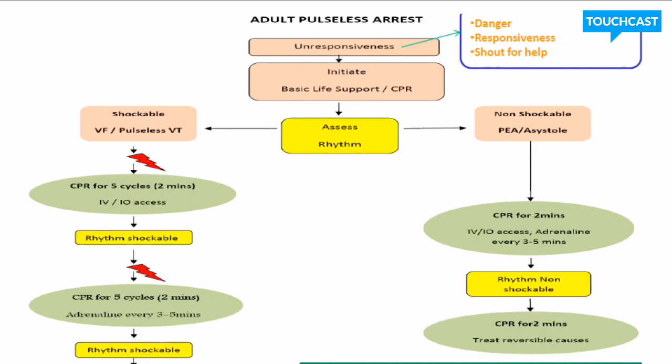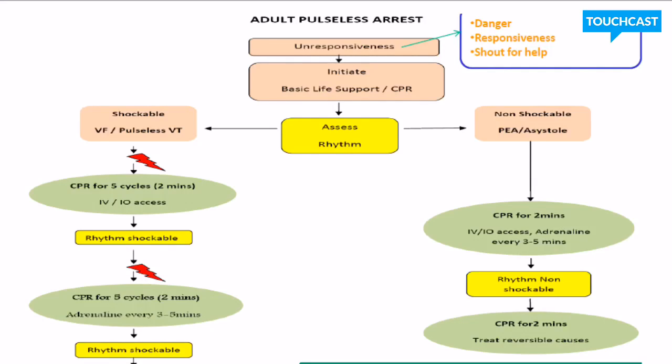And another example, let's say again you have an unresponsive patient brought to you, so you initiate your BLS again, DRS ABCD: danger, check for responsiveness, if the patient is not responsive, you shout for help, head tilt chin lift, open the airway, scan for breathing.